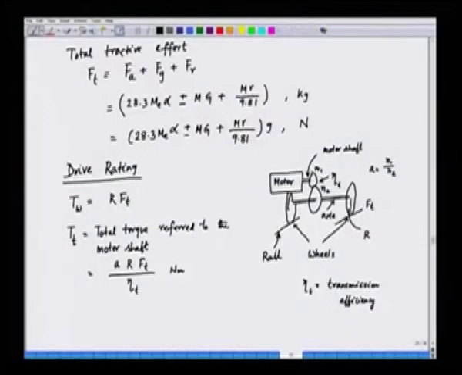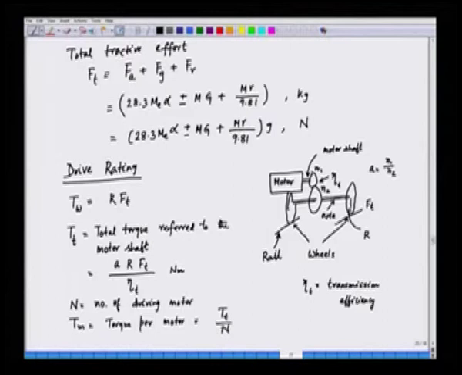So, this is what we have here, and then if we have n driving motors, Tm, the torque per motor, is equal to Tt by n, and that is equal to a r Ft by eta t into n.